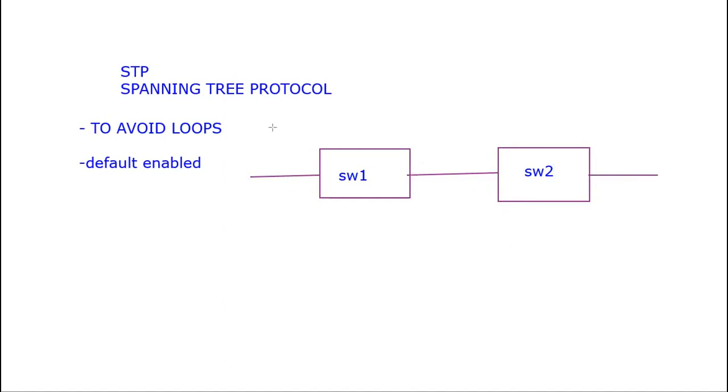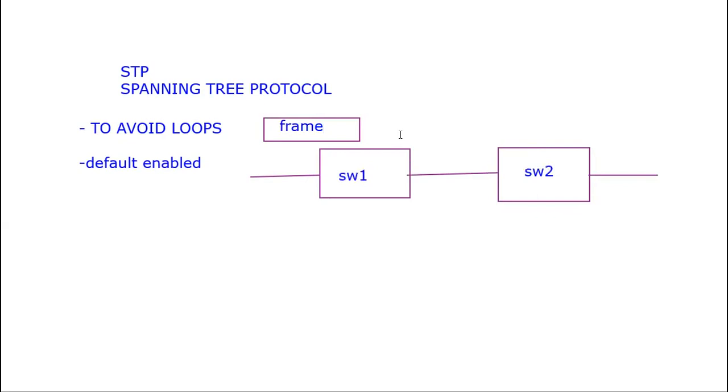Suppose a frame is received by the switch. Inside the frame, there is a source MAC address and destination MAC address. If the destination MAC address is a broadcast MAC address, in that case, the switch will receive the frame and see that the MAC address is a broadcast MAC address.